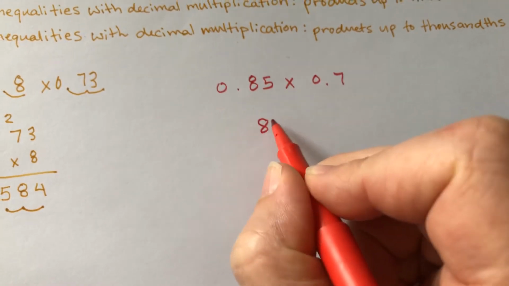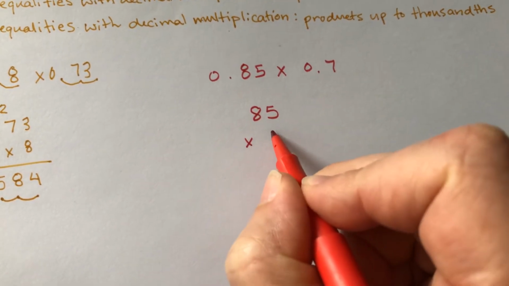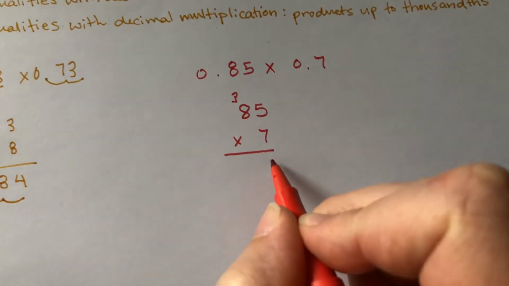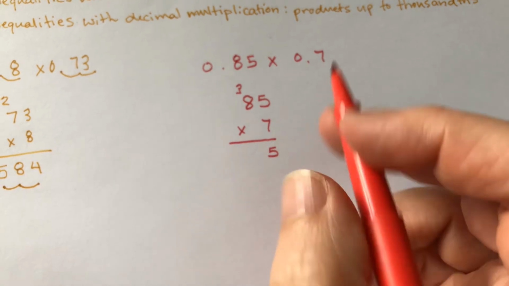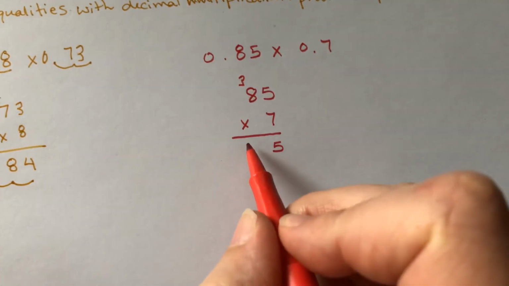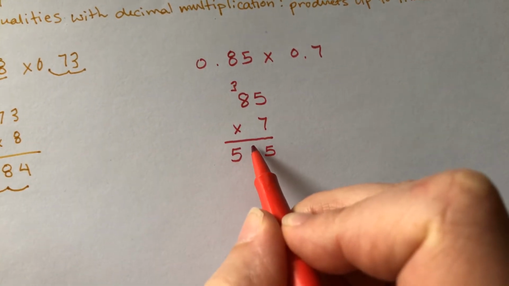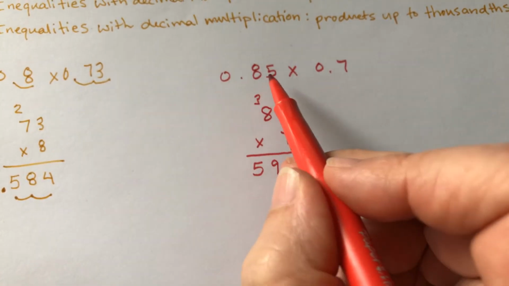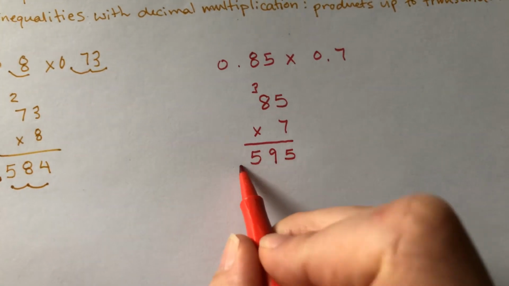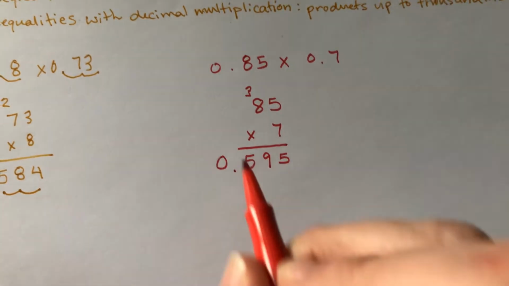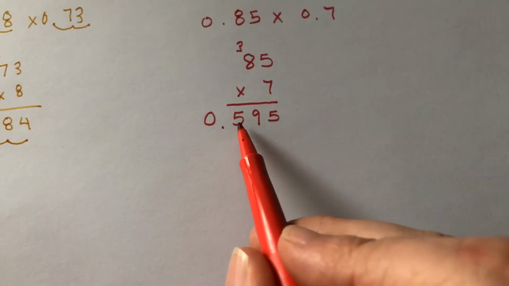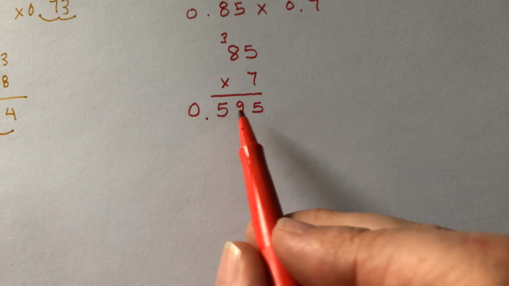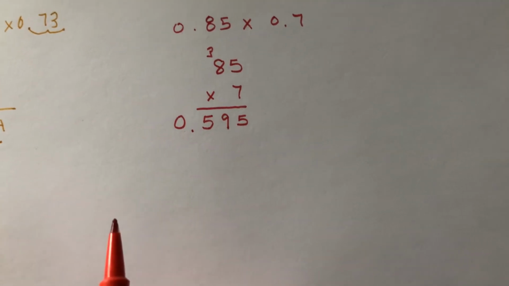So 85 times 7, 7 times 5, 35, 7 times 8, 56, plus 3, 59. How many numbers to the right of the decimal point? 1, 2, 3. So we have 3 numbers to the right of our decimal. What is your place value? Tenths, hundredths, thousandths. So this is 595 thousandths.